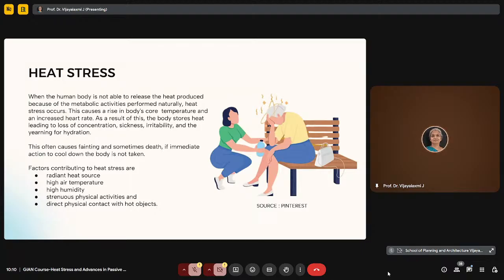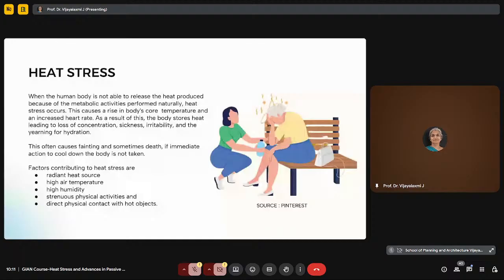When the human body is not able to release the heat that it is producing, because of heat from an external factor or our own metabolic activity, then heat stress can occur. Because of this, the body's inner core temperature can increase. Our heartbeat increases, we get foggy, or we feel sick, nauseous, irritable.